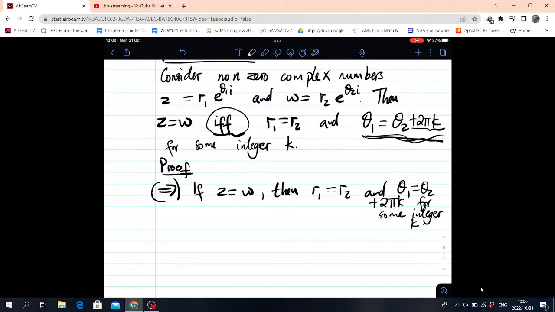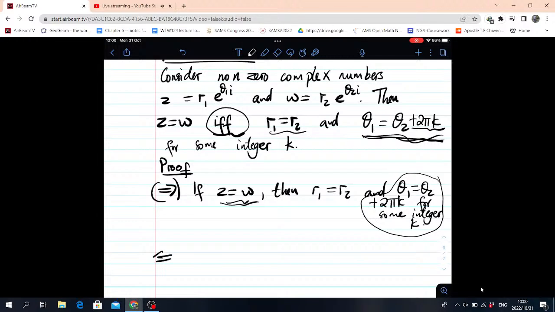And just waving my hands here, if Z is equal to W, we know that the moduli have to be the same. Otherwise, we have problems. And then, as we have explained, if you add a multiple of 2 pi to any angle, you still have the same cos and the same sine. So therefore, we would expect to have the same complex number.